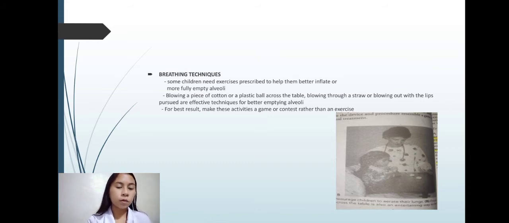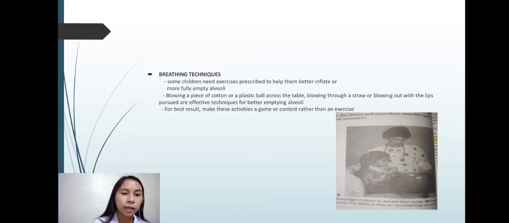So, blowing a piece of cotton or a plastic ball across the table, blowing through a straw, or blowing out with the lips pursed are effective techniques for better emptying the alveoli.